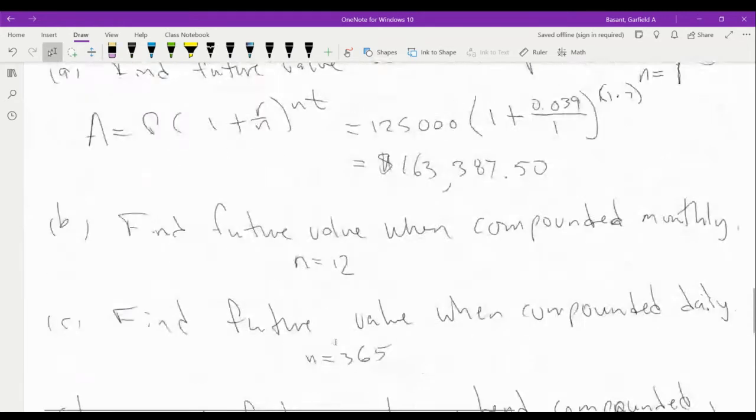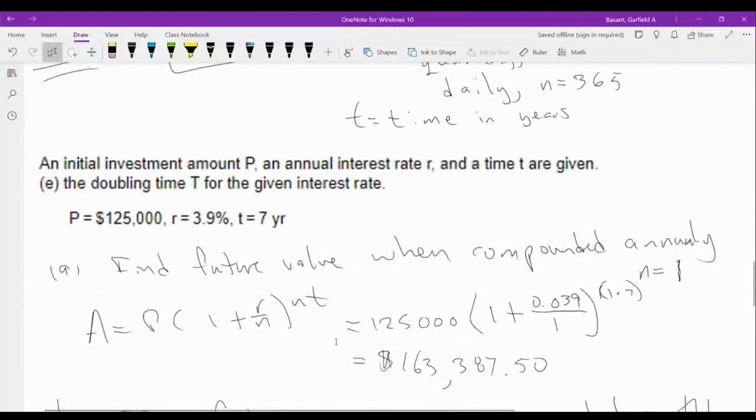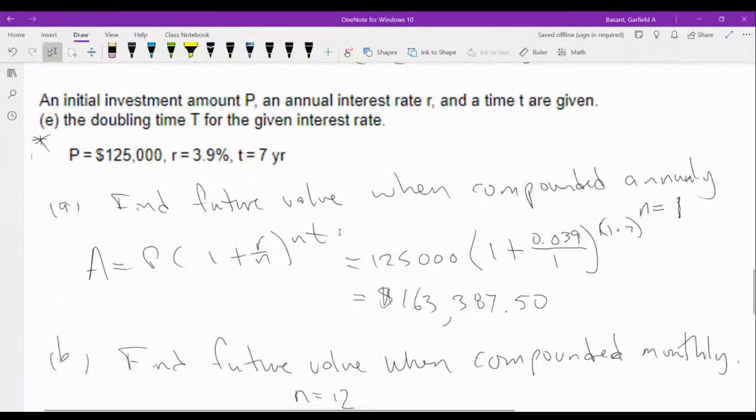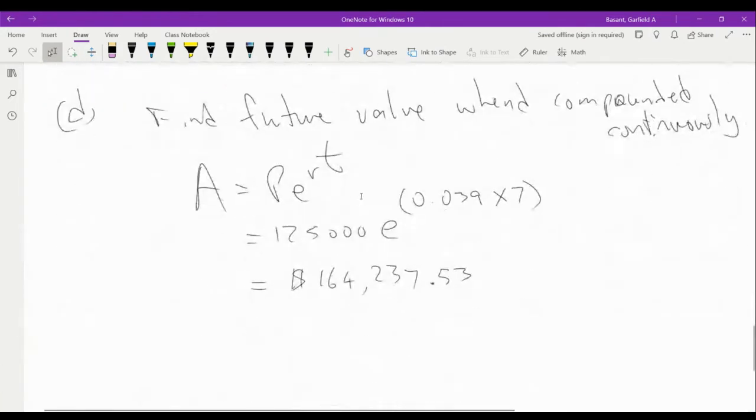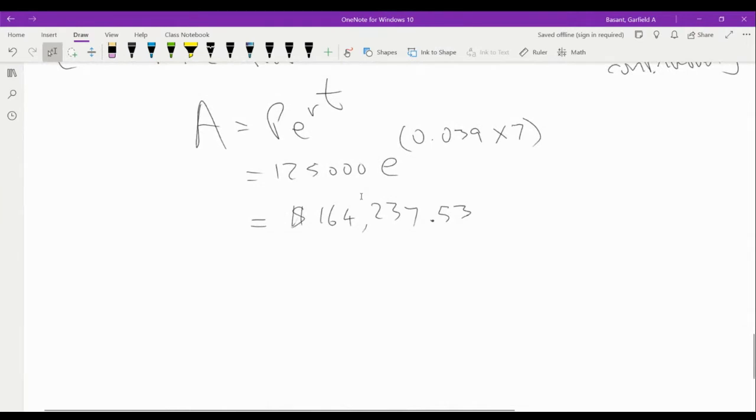All right, let's look at part E above. And part E is what we had here. Part E says find the doubling time. So we find the doubling time.